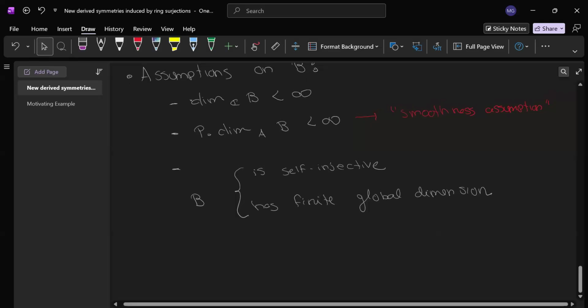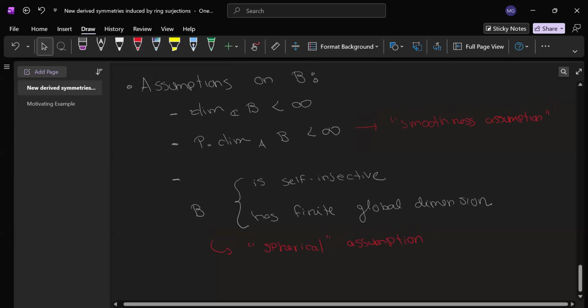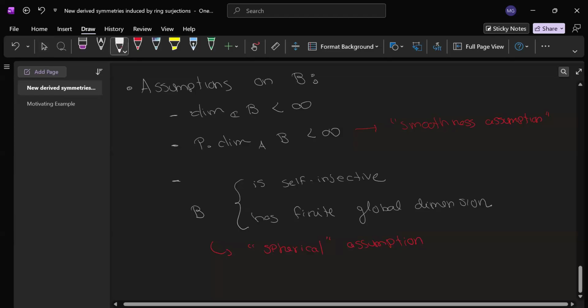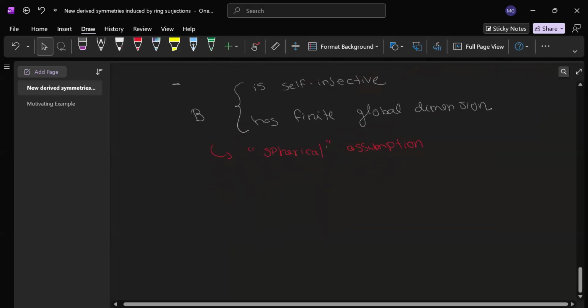And I like to think of these assumptions on B here as a type of spherical assumption. Okay. So yeah, these are the assumptions that we're going to have, and this is our setup.